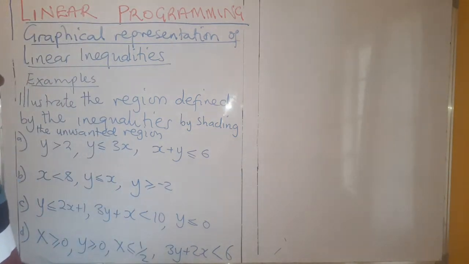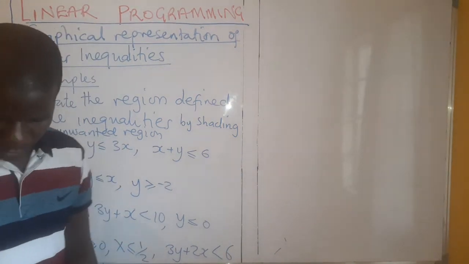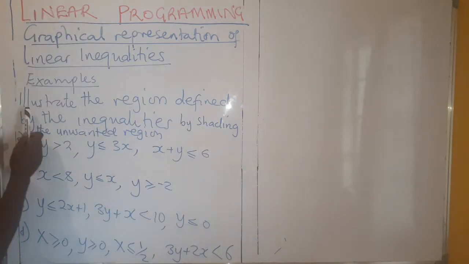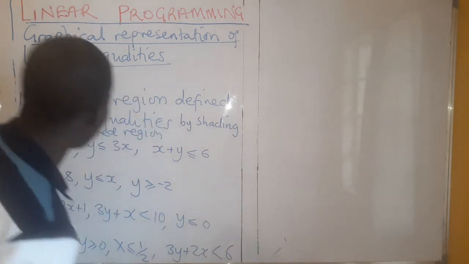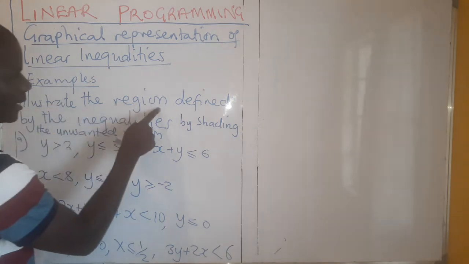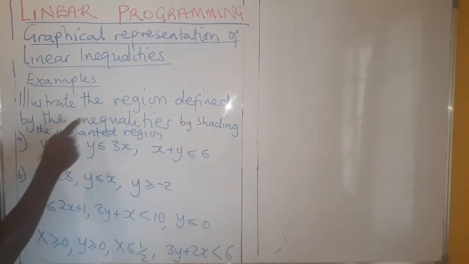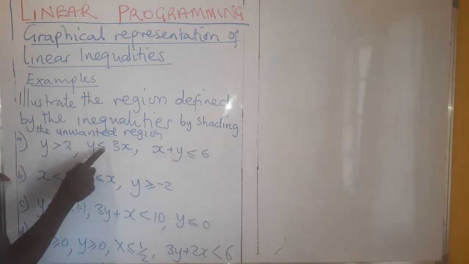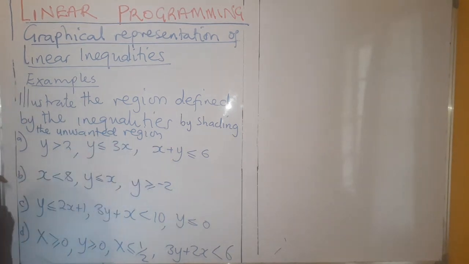So let us look at what is expected of us to do. We want to illustrate. Please read the question with me. Illustrate the region defined by the inequalities, like here we have got 1, 2, and 3 inequalities.